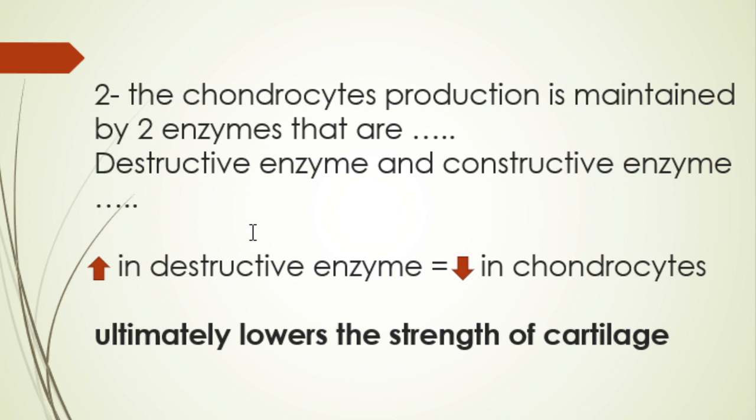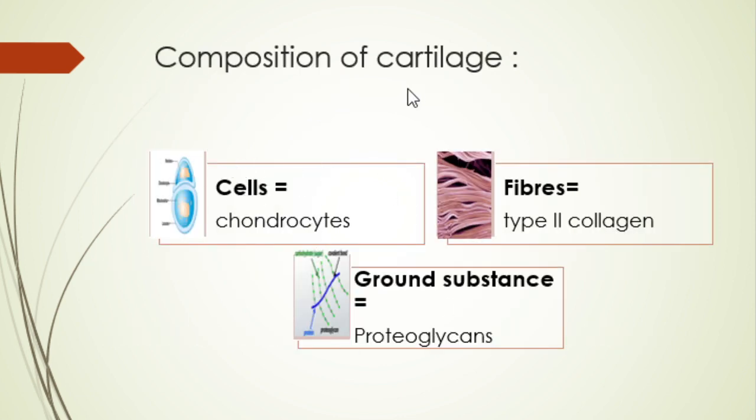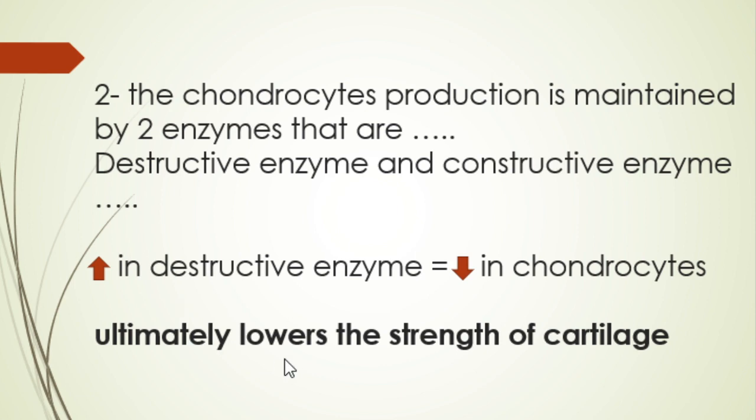By their names they suggest their functions: the destructive enzyme will destroy the chondrocytes and the constructive enzyme will build the chondrocytes. So an increase in destructive enzyme will decrease the number of chondrocytes, and ultimately a decrease in the number of chondrocytes will affect the strength of the cartilage. So it will ultimately lower the strength of the cartilage and result in degeneration.